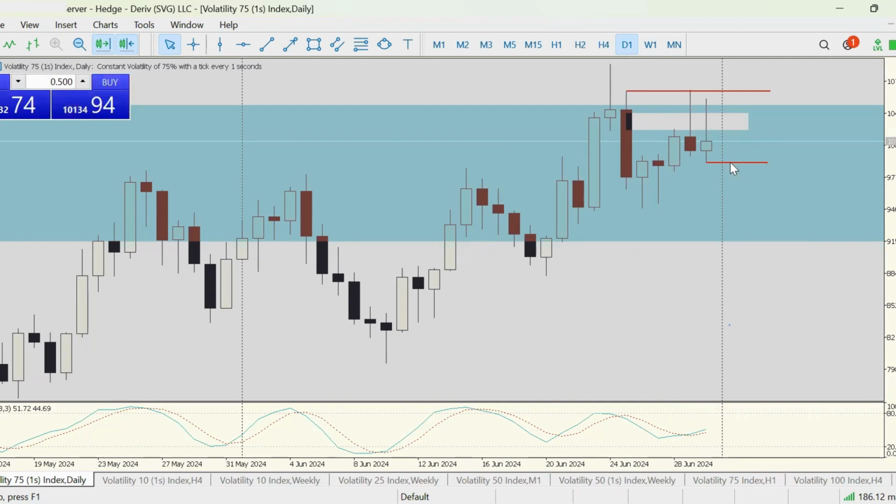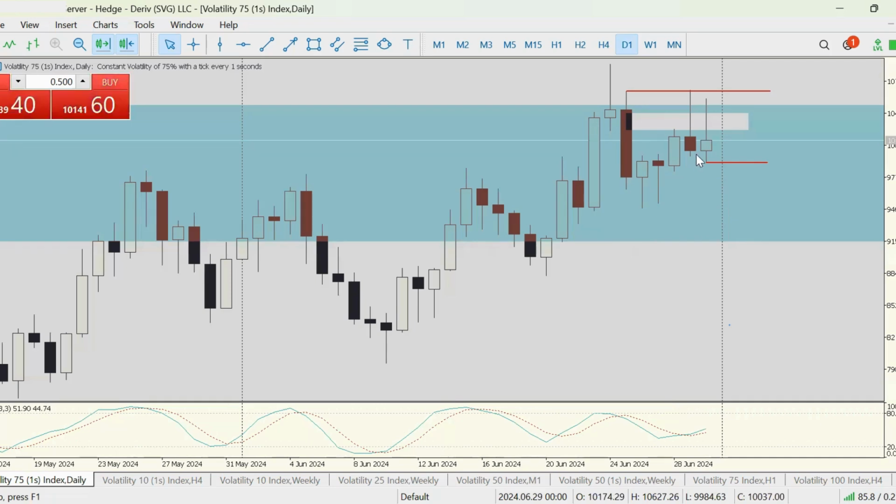My entry model is simply power of three. But there are many variations on how you can take it. But considering the fact that these are not forex pairs, or what do you call this, futures contracts, we can't really apply it based on the fact that we want to see a perfect consolidation, because we don't have sessions.